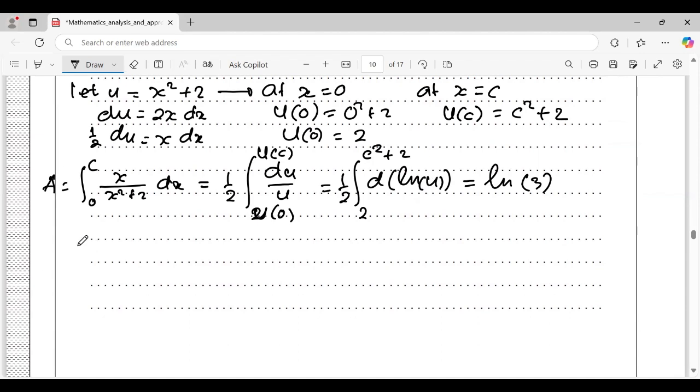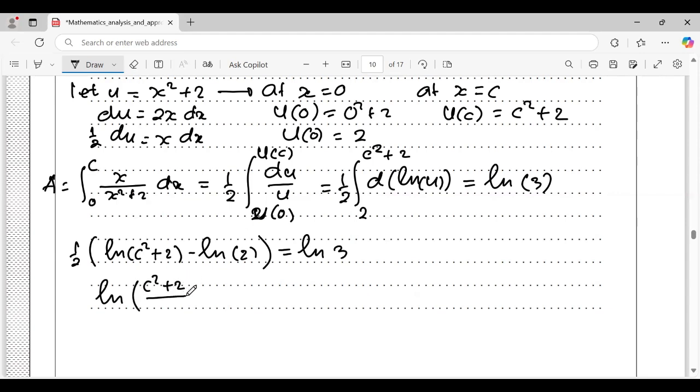So it's going to be 1/2 of ln of c squared plus 2 minus ln 2 equals ln 3, or it is ln of c squared plus 2 over 2, according to the ln rule, equals 2 ln 3.